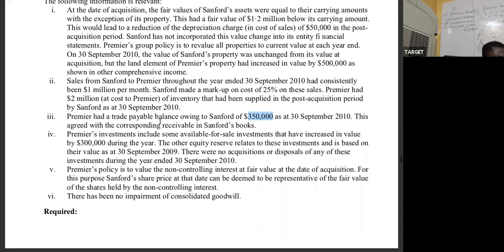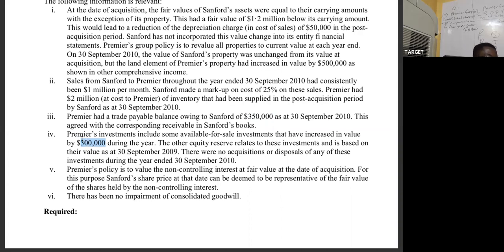Now here, this is available for sale, and the value has increased by 300,000. How do you treat a fair value gain on financial assets held for sale, or available for sale? We also call it fair value through OCI.